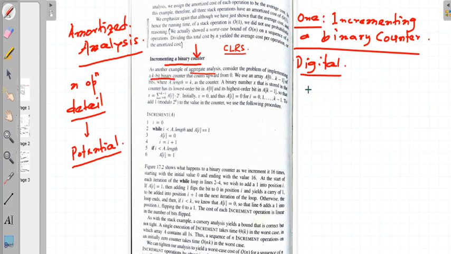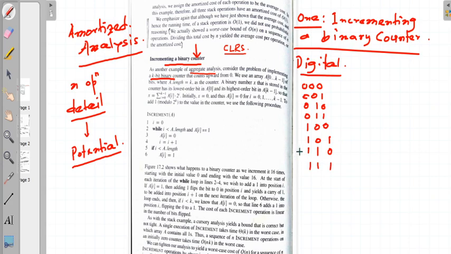Whenever we are implementing a 3-bit binary counter, then we are having 000, 001, 010, 011, then 100, 101, 110, and then 111.